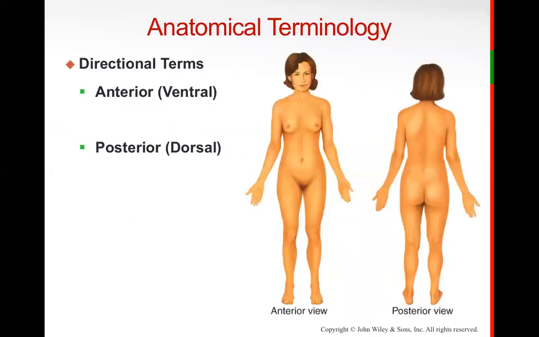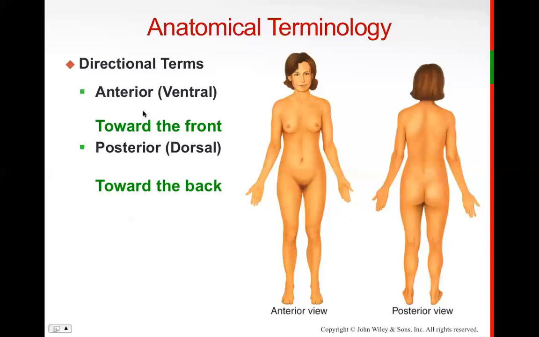Now, anterior refers to the front, all right, when you're dealing with a human, and posterior is towards the back, all right? Now, these terms also go by ventral and dorsal, all right? And if you're one of my students who want to become a veterinarian, you're mostly going to be using those two terms, right? So think of it this way, okay? Here, human is a biped. Now, think of a quadruped.